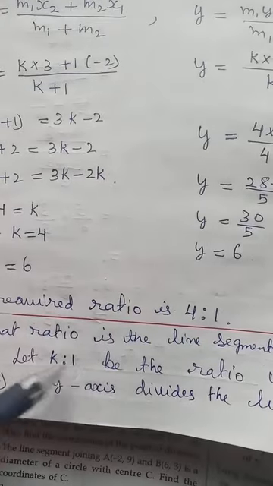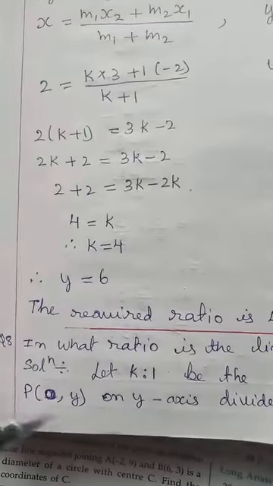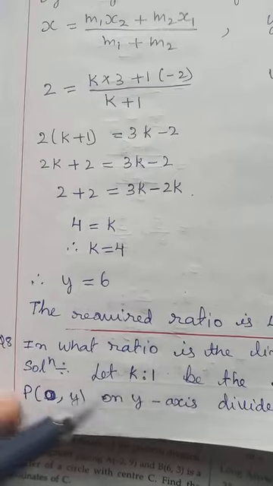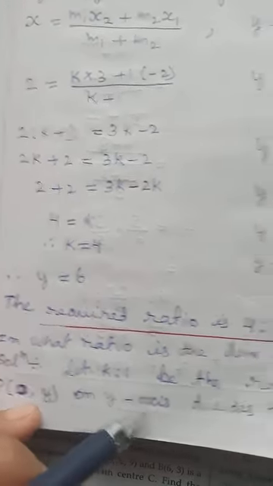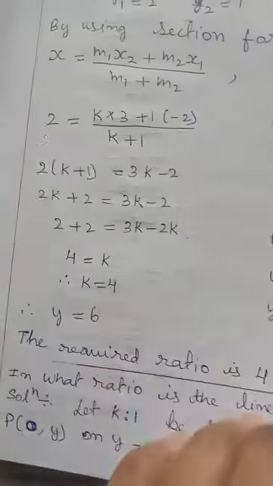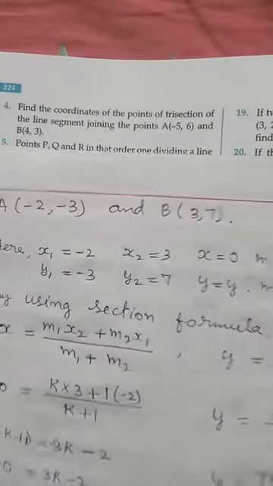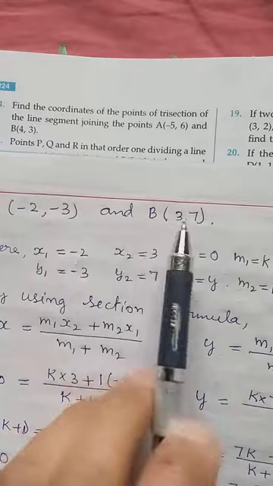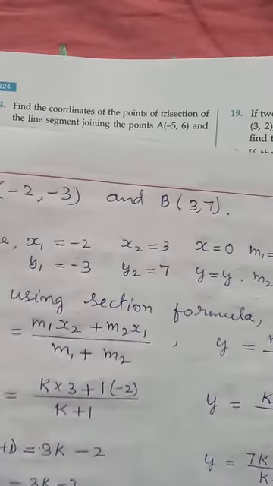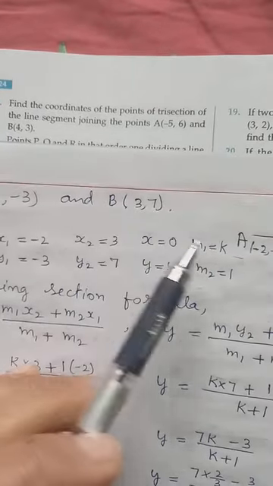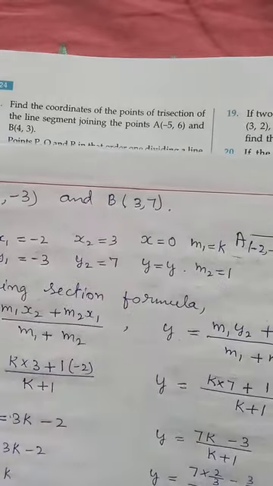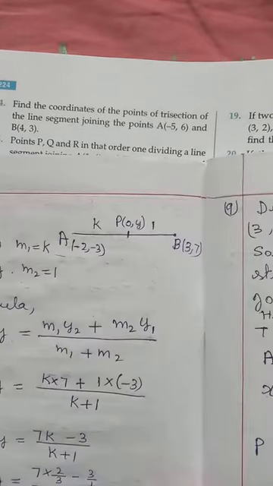So we can take the ratio k is to 1 to be the ratio in which P(0, y), which is on the y-axis, divides the given points into 2 parts. So this one is x1, y1, x2, y2. Then that P will give us x and y. Then m1, k, m2. So we use the section formula again.